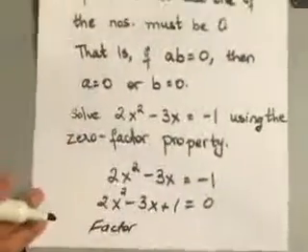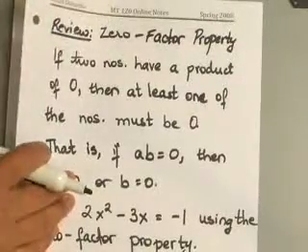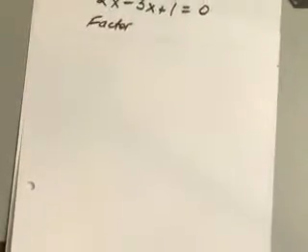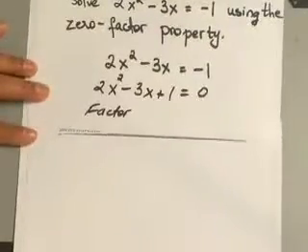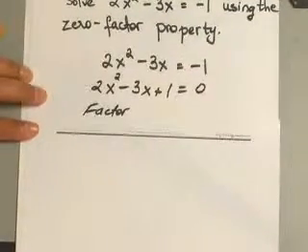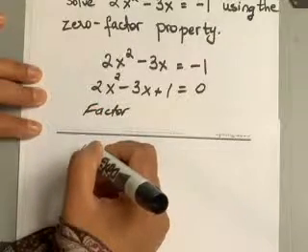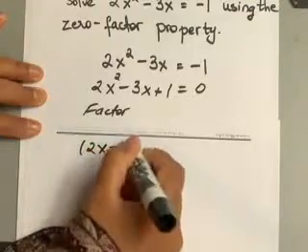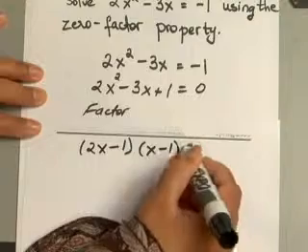Okay, so let's see what happens when we try to factor our expression here. You should end up with, when you're trying to factor, 2x minus 1 and x minus 1.